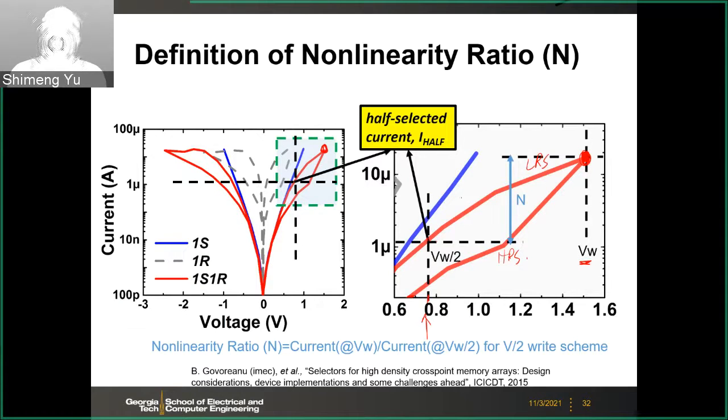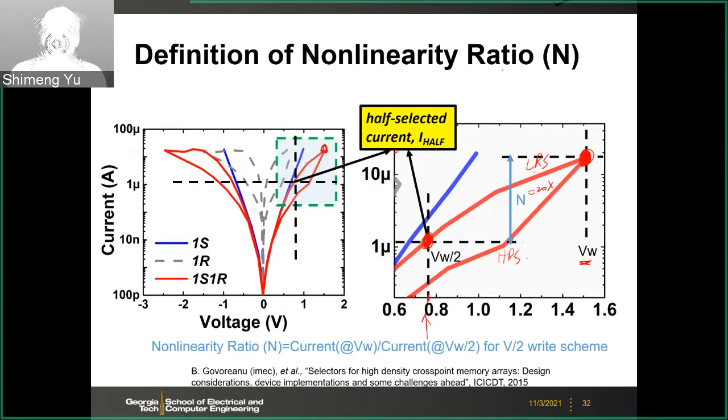You see the current reduction from this point to this point for the low resistance state is, in this example, about 20x. You reduce this by 20 times, so you greatly reduce the current at the half V.